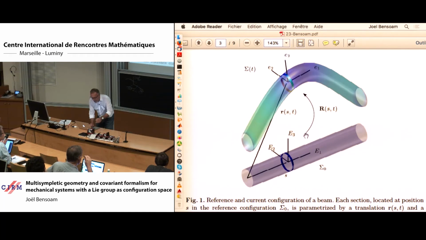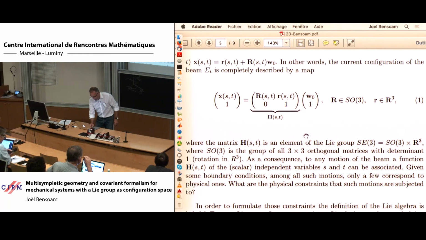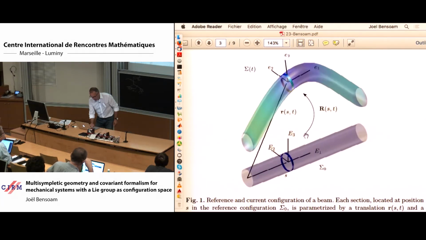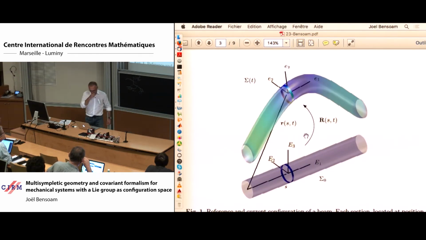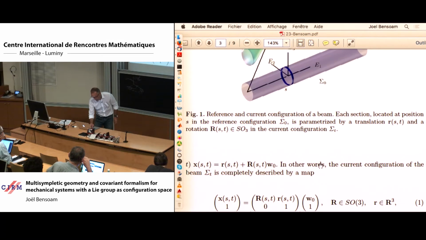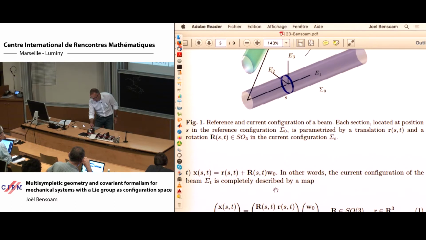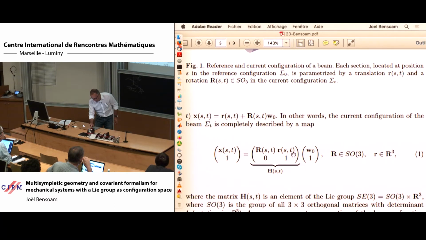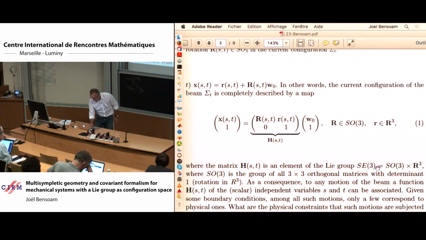So to be concrete, we can describe this sort of system. A motion of the beam is a surface in the configuration space, which is SE(3), a concatenation of rotation matrices and R3.